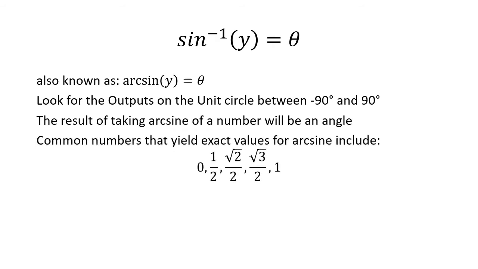Common numbers that yield exact values for arcsine are going to include 0, 1/2, √2/2, √3/2, and 1, which are the same values that you saw me highlight on the unit circle about a minute ago. We're also going to deal with these negative numbers, and you'll notice that I'm using the exact same numbers: -1/2, -√2/2, -√3/2, and -1. Let's see how this fits on the unit circle.